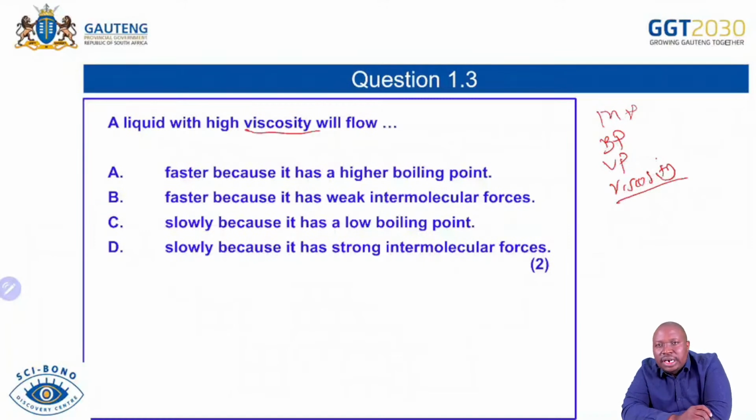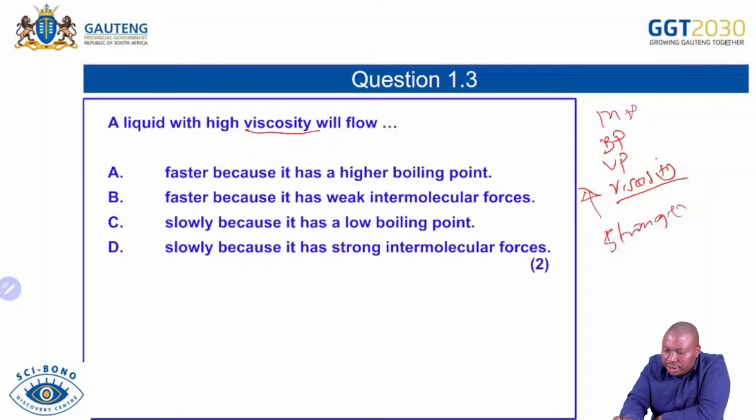So the first thing is to understand the meaning of high viscosity. High viscosity means that there are strong intermolecular forces. If the intermolecular forces are strong, it means that it will have high viscosity, meaning that more energy will be required.